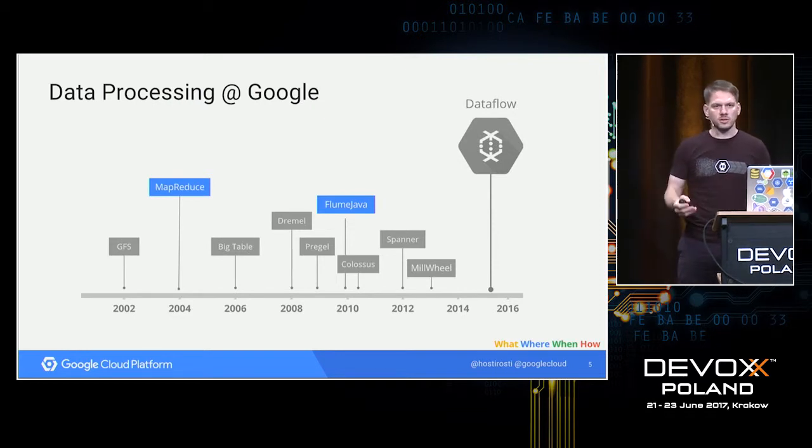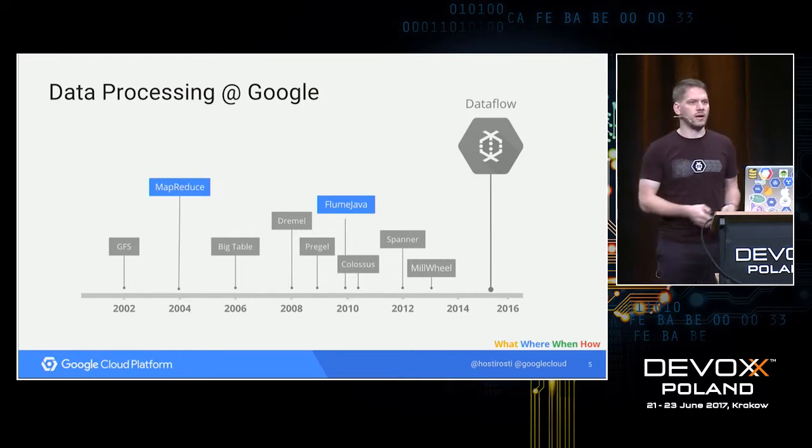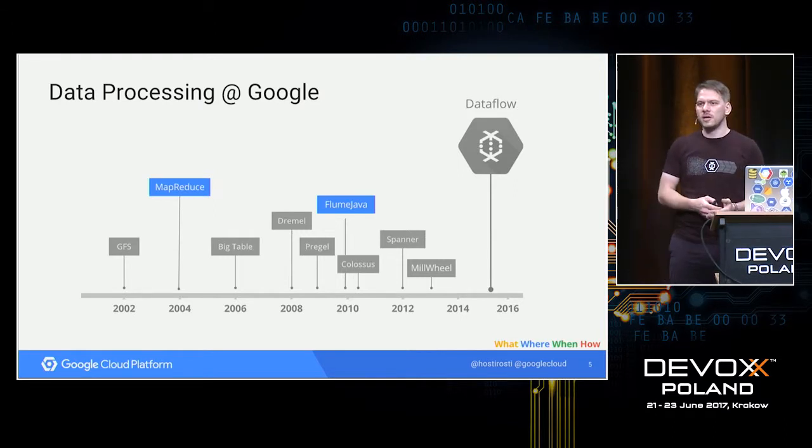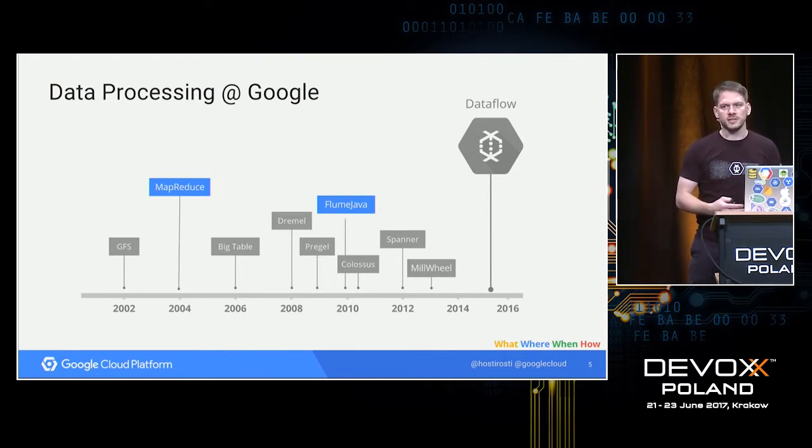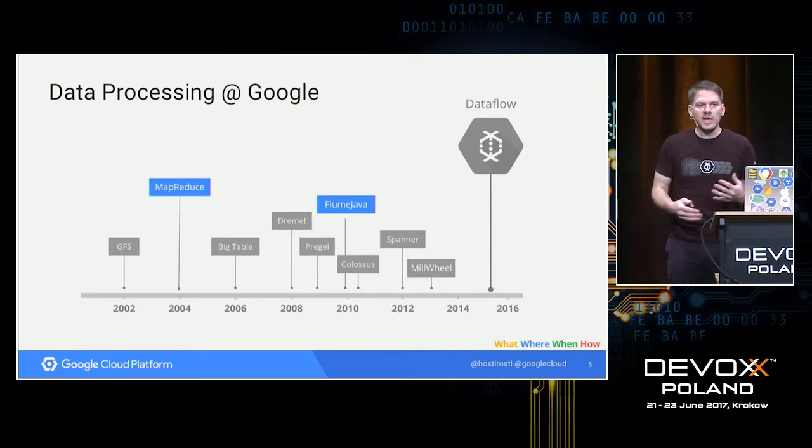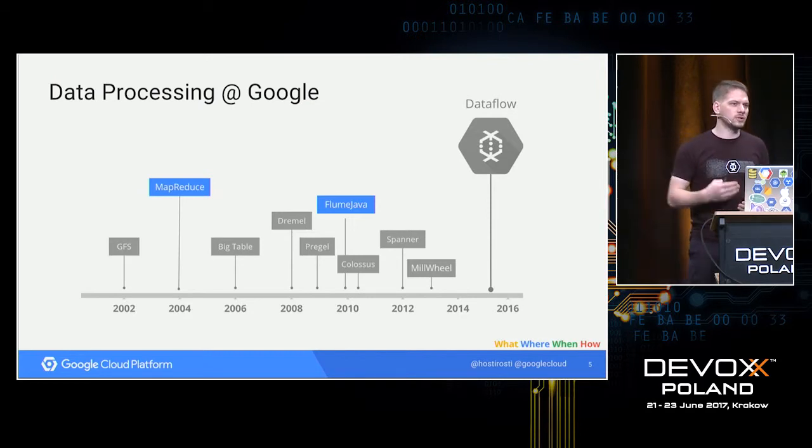You had your data job, you ran your MapReduce job, and then you have the data somewhere, and you might want to run another job on it. You had to move the data from A to B. You had to manage a lot of these things yourself. So what we really needed is a way to build data processing pipelines.